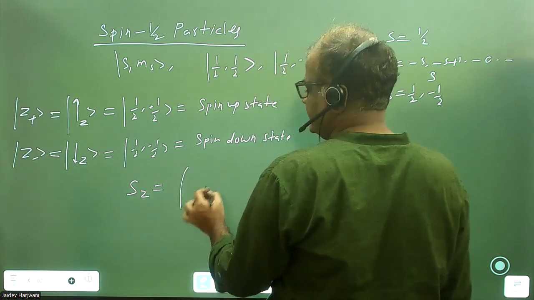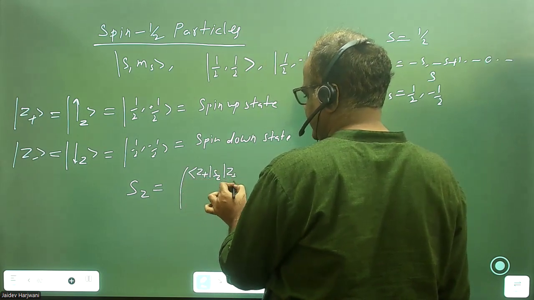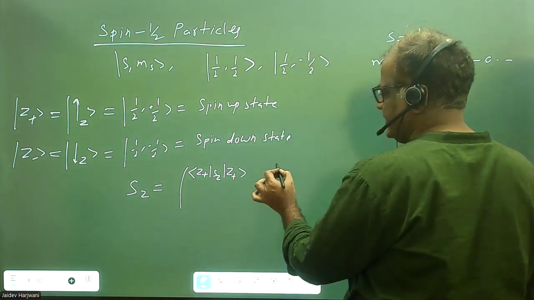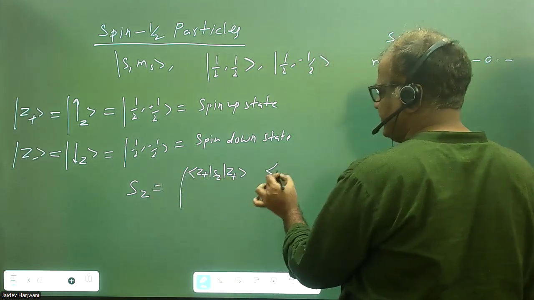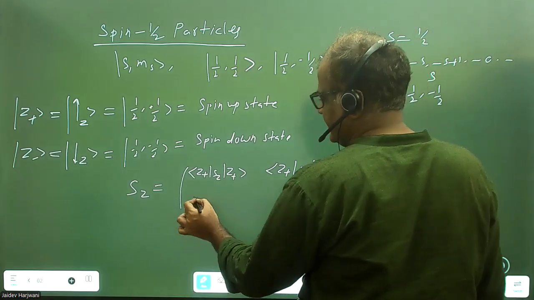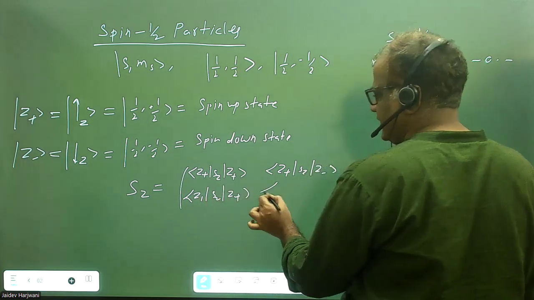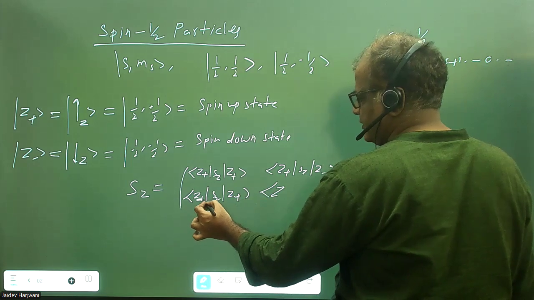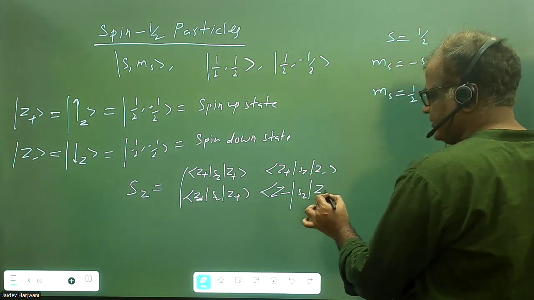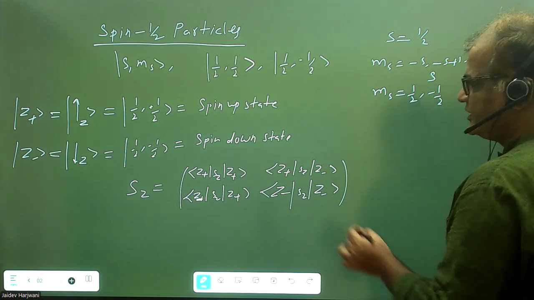So I can write <Z+|Sz|Z+>, <Z+|Sz|Z->, <Z-|Sz|Z+>, and <Z-|Sz|Z->. And here s is half.